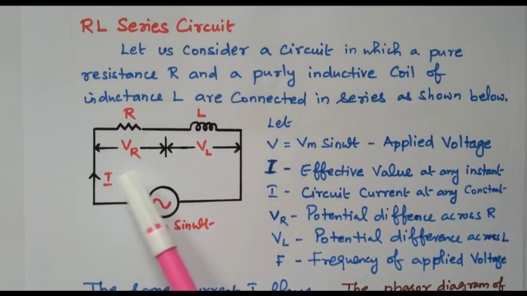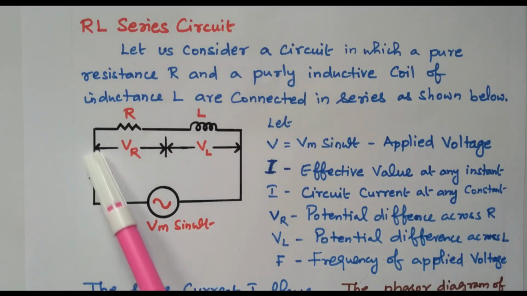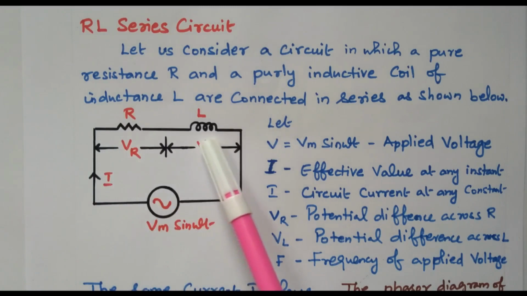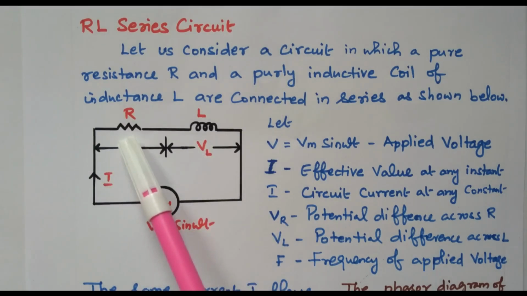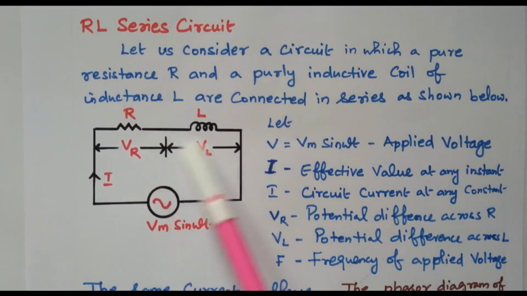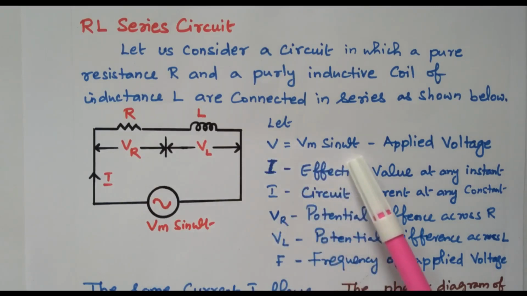So in this RL series circuit, R and L are connected in series, energized by the AC supply voltage. Current I flows; because it is a series circuit, the same current flows through R as well as L. Now we consider the applied voltage V equal to Vm sin omega t.